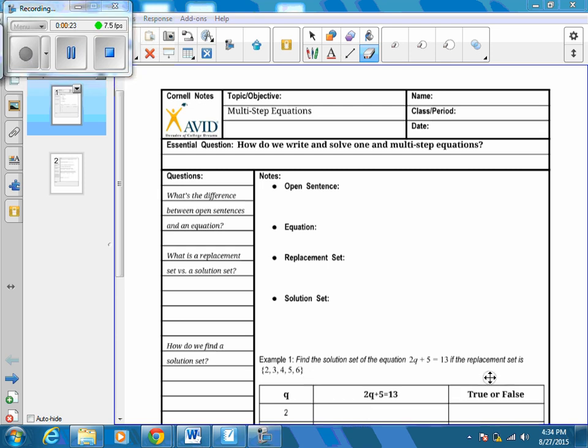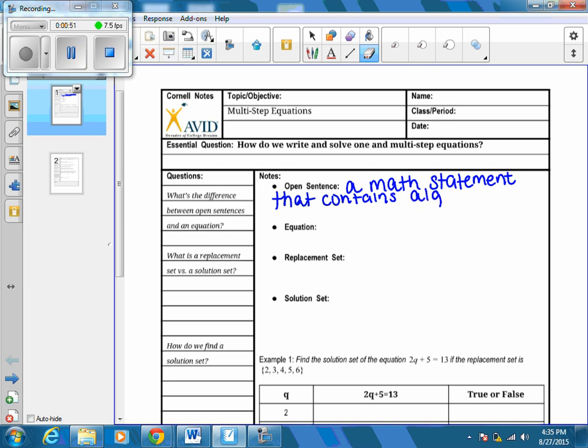So the first vocabulary that we need is an open sentence. An open sentence is a math statement that contains algebraic expressions and symbols.